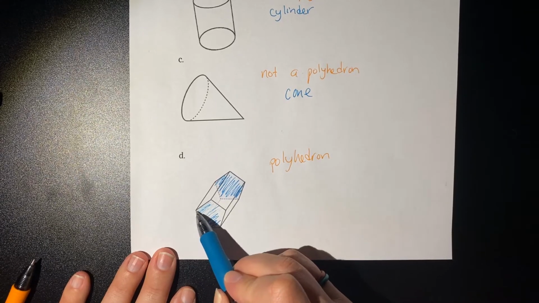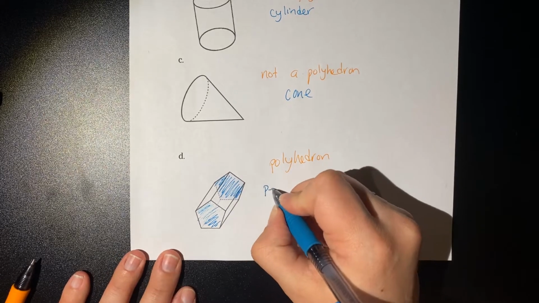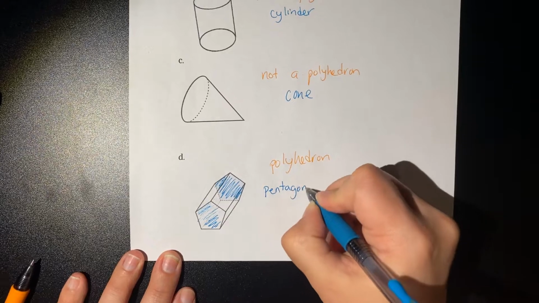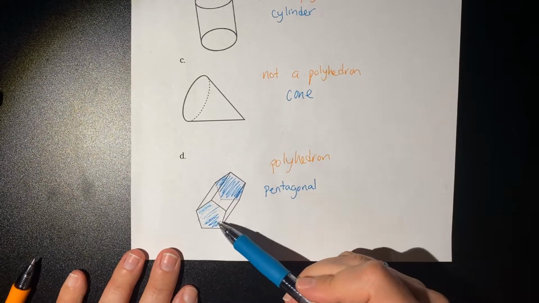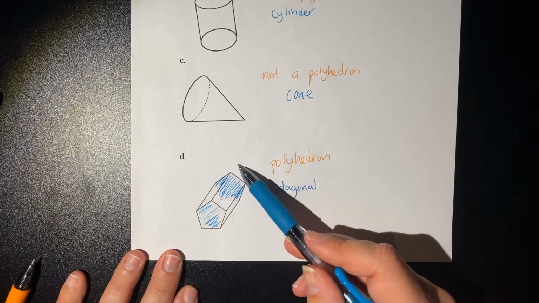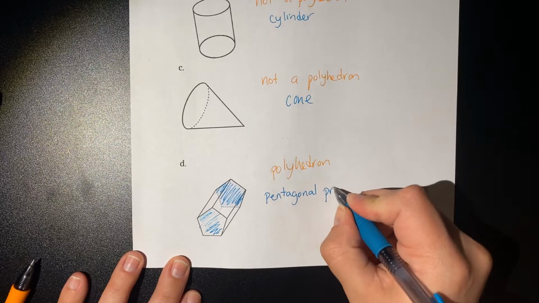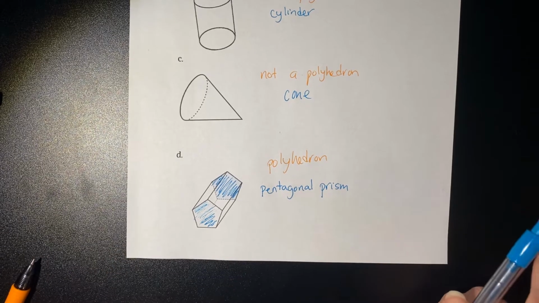So this has 1, 2, 3, 4, 5 sides. So that is called a pentagon, or we're going to say pentagonal. Is this a pyramid or a prism? Well, it has two bases and does not come to a point, so we know it's a prism. So that is a pentagonal prism.